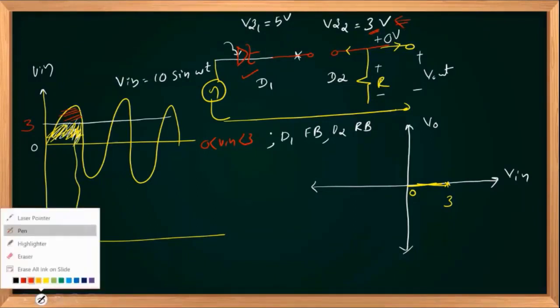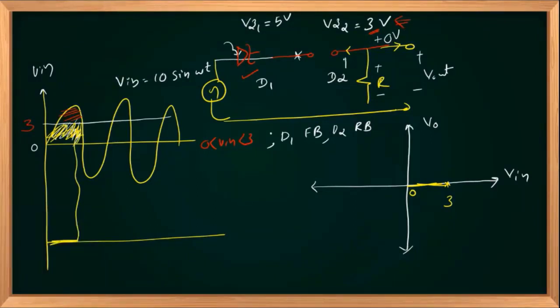And diode D2 was connected like this. So once V in is greater than 3 volts, D1 stays in on state short circuit, whereas D2 breaks down with a potential of cathode positive, anode negative, of 3 volts.